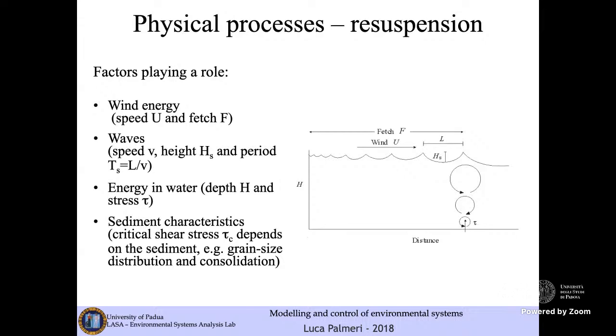What are the factors playing a role in this case? The wind energy is the first relevant factor, translated into wind speed and the fetch. Fetch is the length over which wind is allowed to flow over the water body.